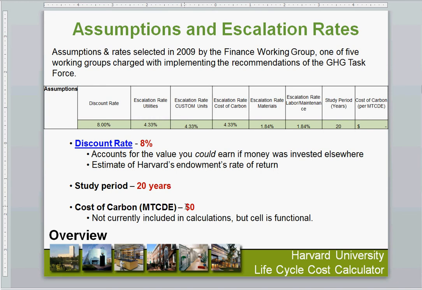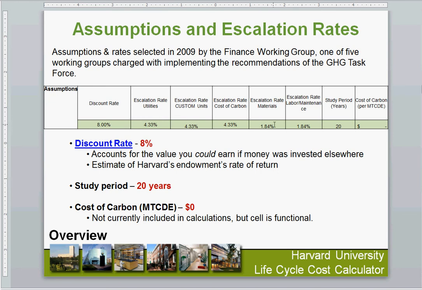So we could add that to the cost of our utilities, which could provide additional savings when you look at it from using less of those utilities perspective. So that cell is 0 on our standard calculator, but it can be edited and it will function if you want to play around with that.